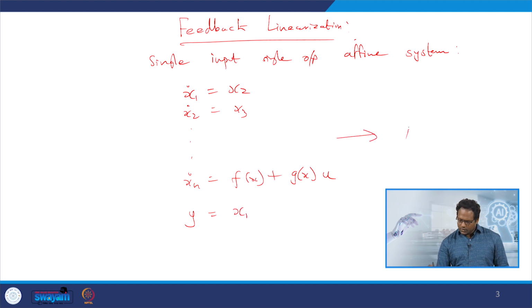Let this equation be number 1, which is defining a family of single input, single output affine system.